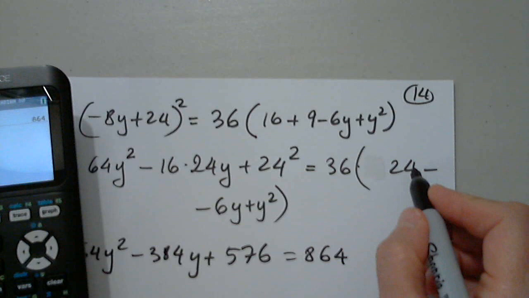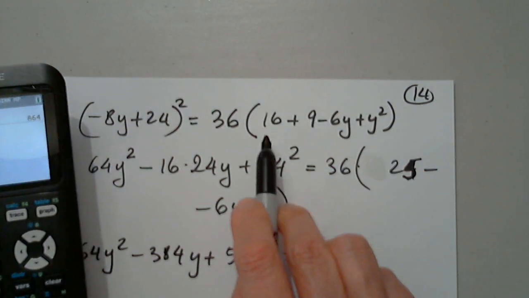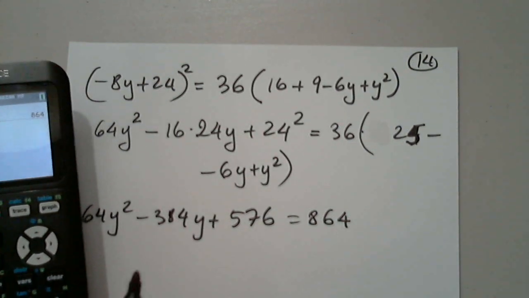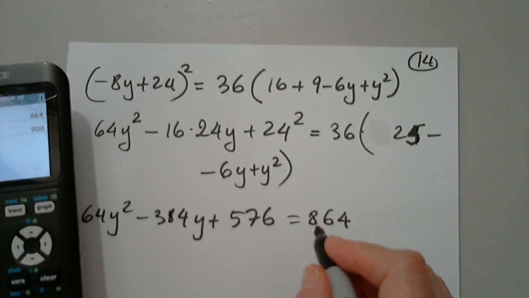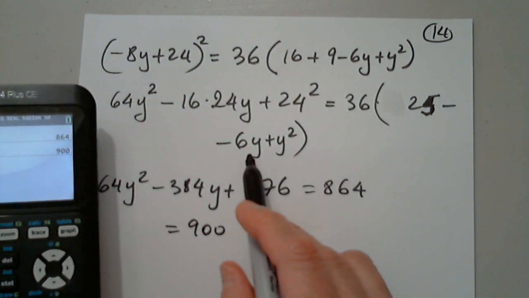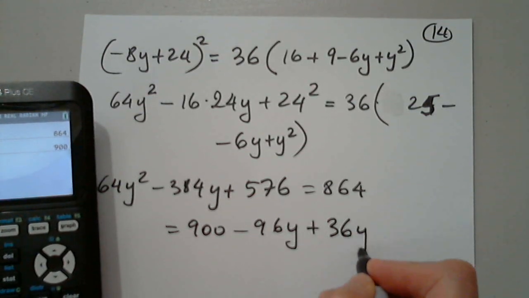I said 25 and I wrote 24. Nobody knows why. 25. So 25 times 36, 900. Okay, now 36 times 6, that's negative 96y plus 36y squared.